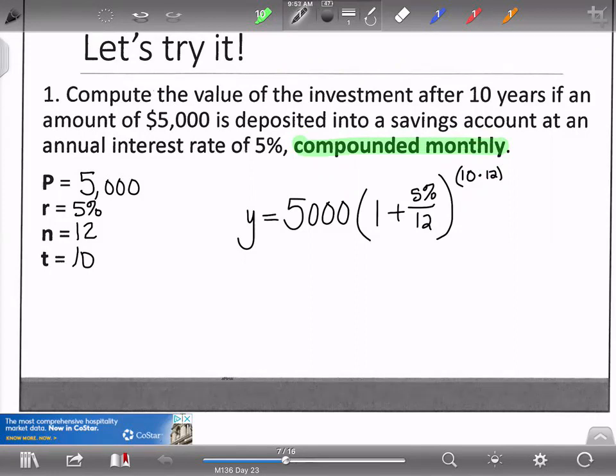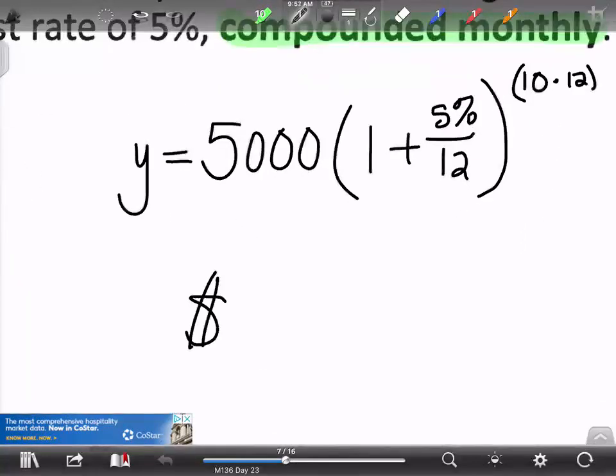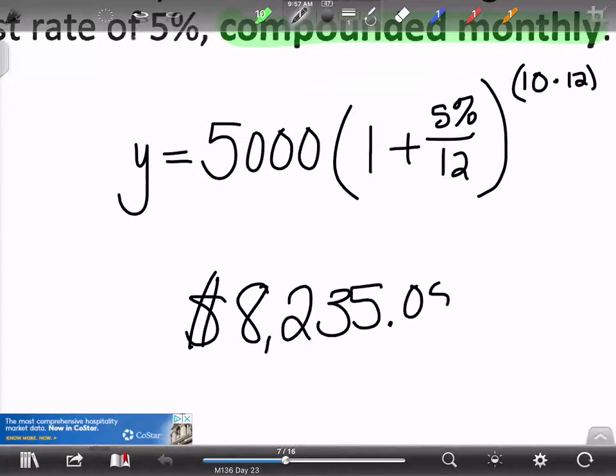So when you type that in your calculator, you'll get an amount of $8,235.05.